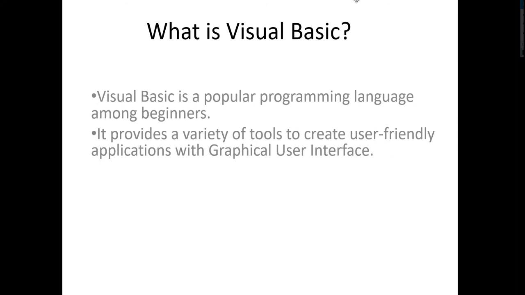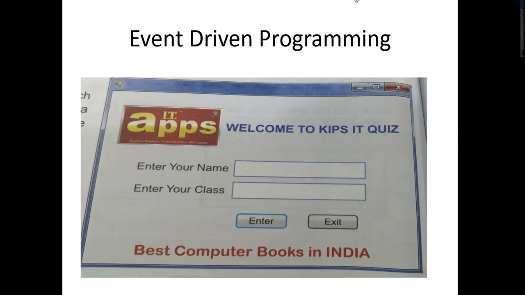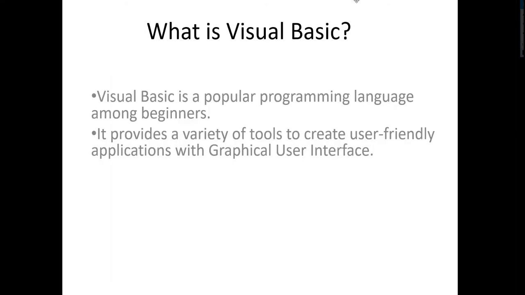Now let us start with our introduction to Visual Basic 2008. Visual Basic 2008 is one of the versions of VB launched by Microsoft in the year 2008. It is almost similar to Visual Basic 2005, but it has many new features.